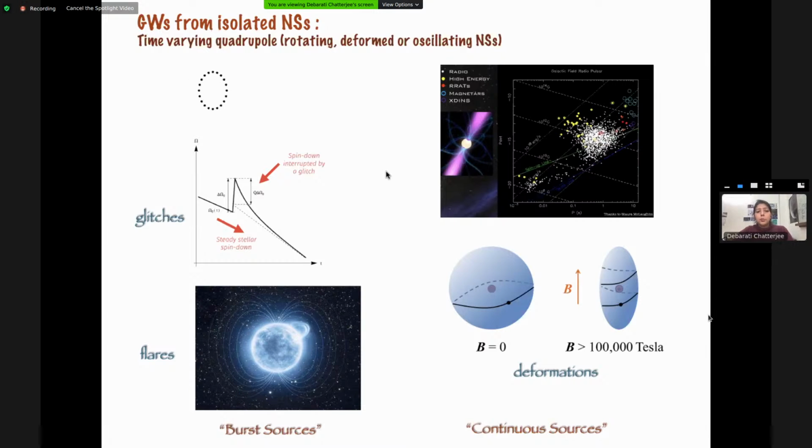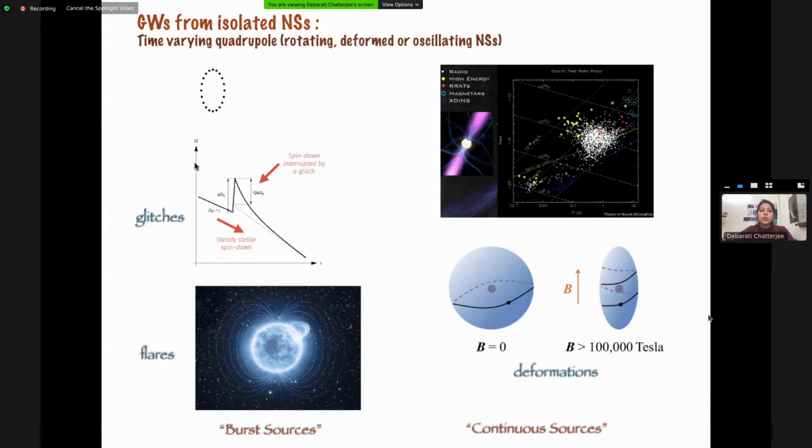To give you an example, this is the rotation frequency of the neutron star versus time. You know that neutron stars are slowing down because of magnetic braking. Generally they would follow a straight line which is diagonal to this curve, and therefore they are slowing down very smoothly, because neutron stars are usually very periodic.